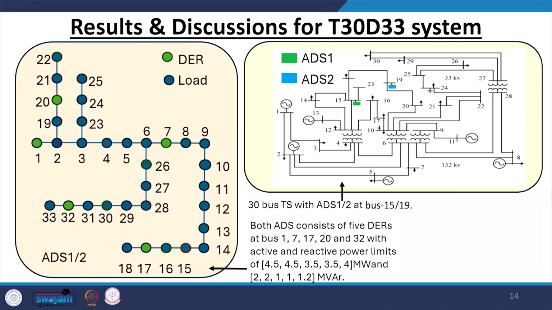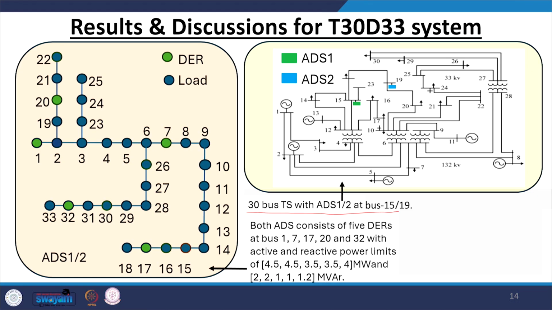So, let us get into the resultant discussion for the T30 and D33 system. We have chosen a transmission system of 30 bus and an active distribution system of 33 bus. As you could see, the 30 bus transmission system has ADS 1 and 2 at bus number 15 and 19.